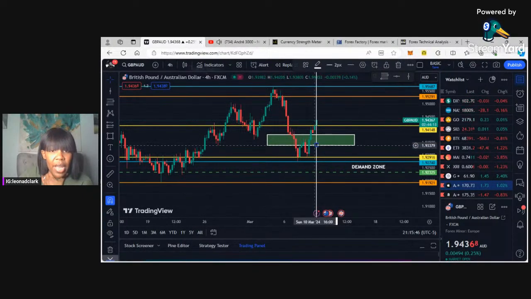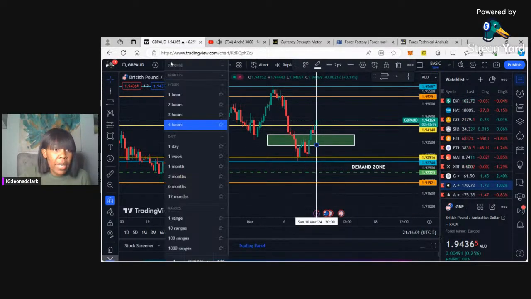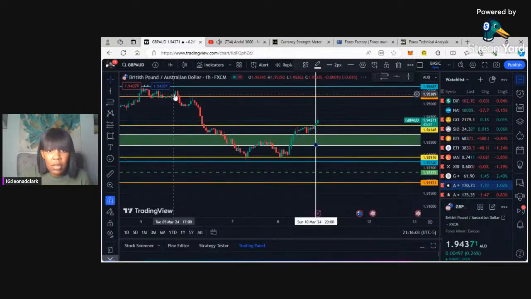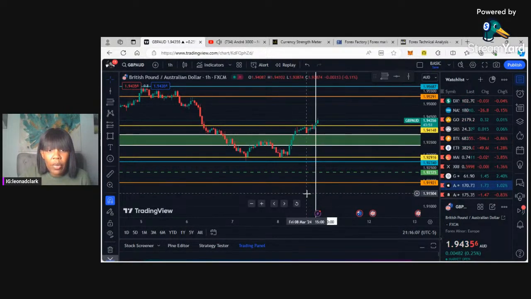We're going to drop down to the hour now because I see price did push down. It's now coming back up, and we could see it come up to the previous month high or the previous week high because it's showing us it's been here before. So let's drop down to the hour. So yeah, this is actually already confirmed.